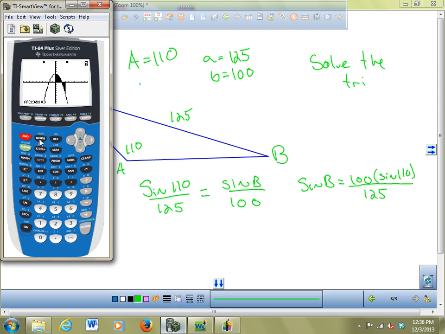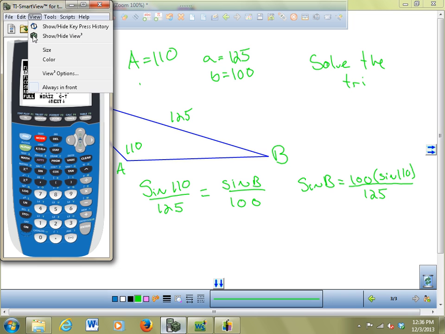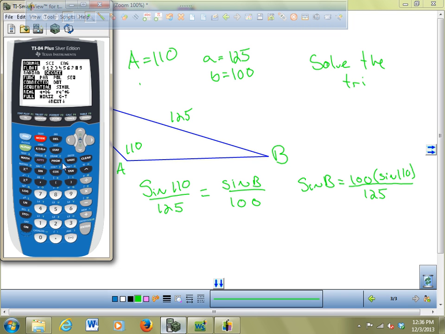Second, quit. I want to make sure that I'm in mode. Make sure you're in degree mode before you do these types of problems. So I'm just going to go 100 times the sine of 110.